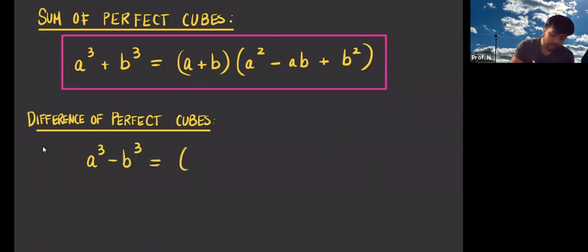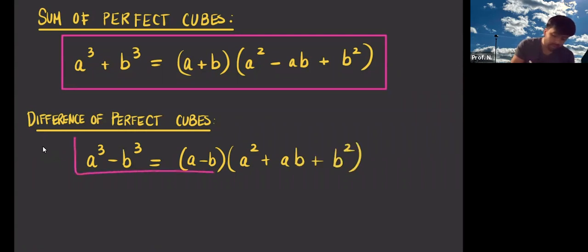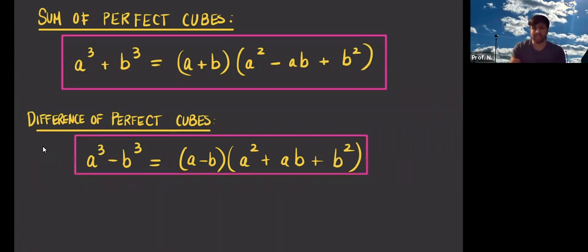This results in a minus b, parentheses, a squared plus ab plus b squared. So you start to realize, wait a minute, they look very similar. The only difference is the signs, right? In the first one we have plus, plus, minus, plus, but the rest of the terms are identical. And this one is minus, minus, plus, plus.